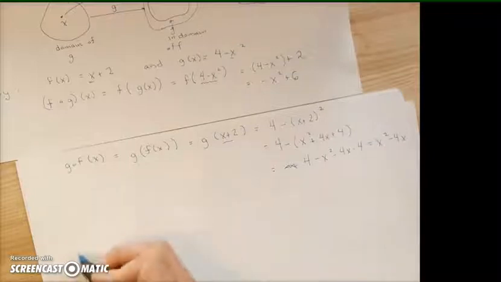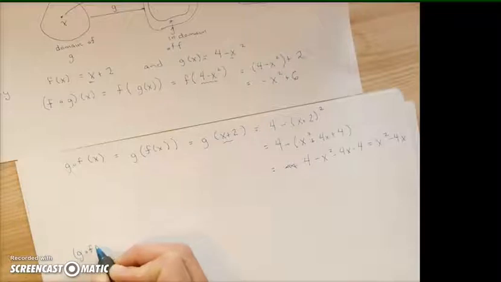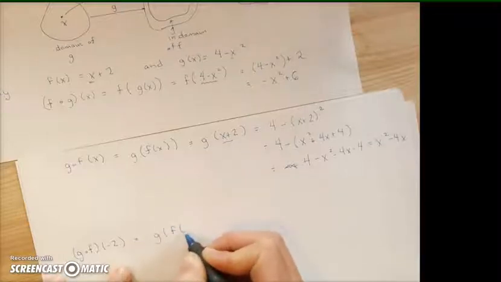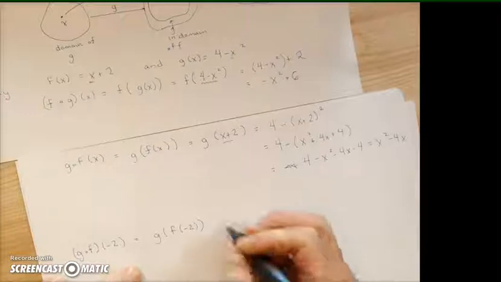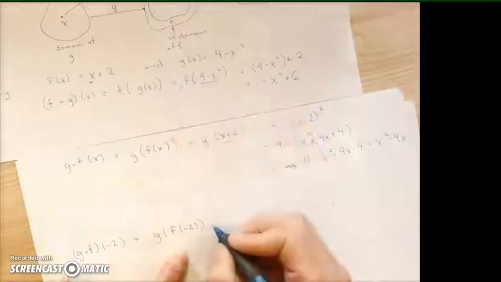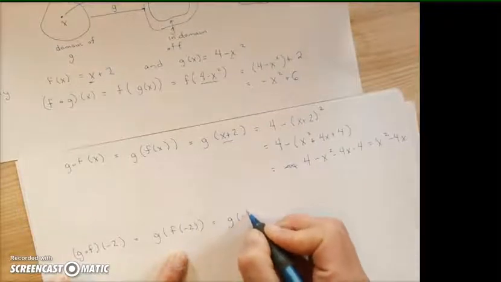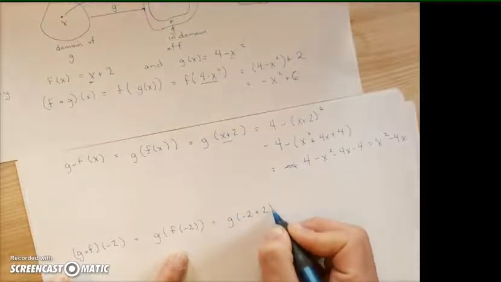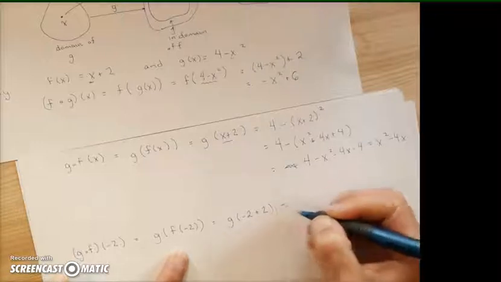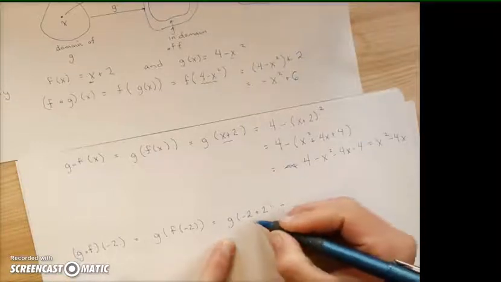Composition also works for a specific value, so we could do g of f of negative 2, and I actually have two ways to do this. First, I could do it this way, g of f of negative 2. So f of negative 2 is negative 2 plus 2. That would be g of negative 2 plus 2, right? Then I plug that into the g function, so this is 0.